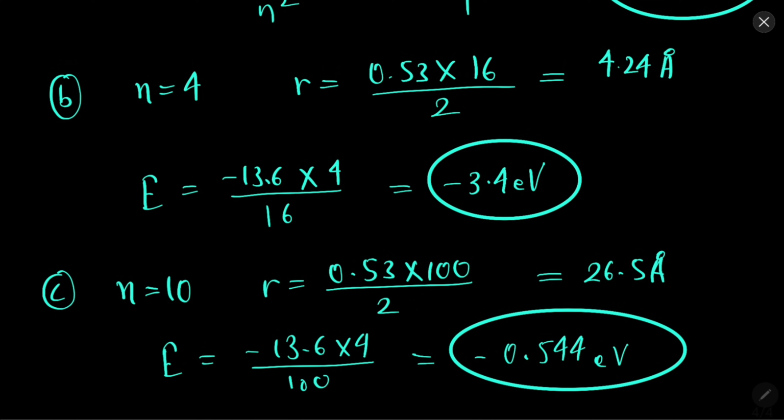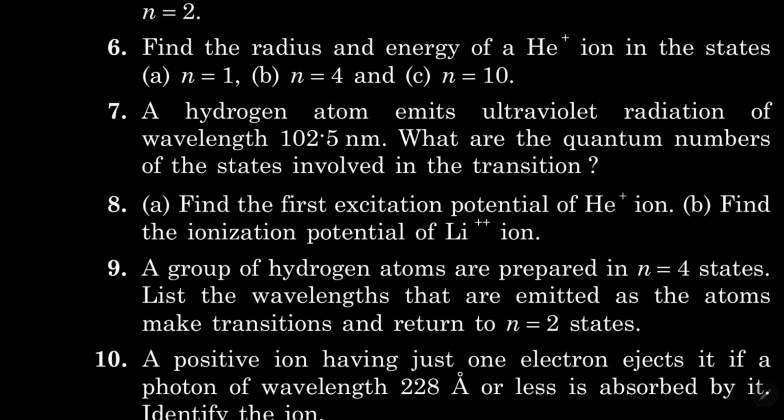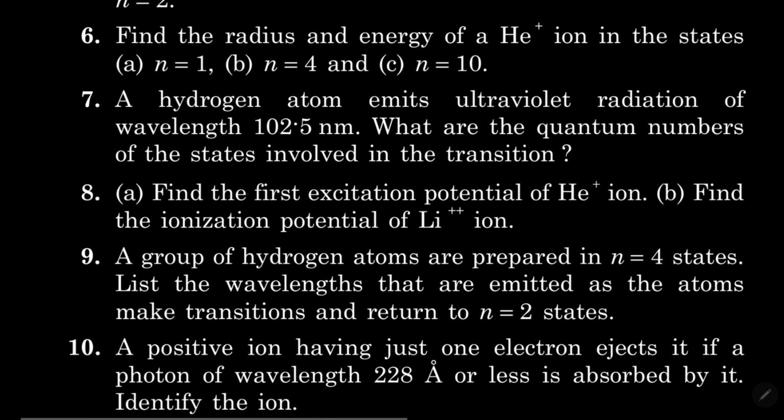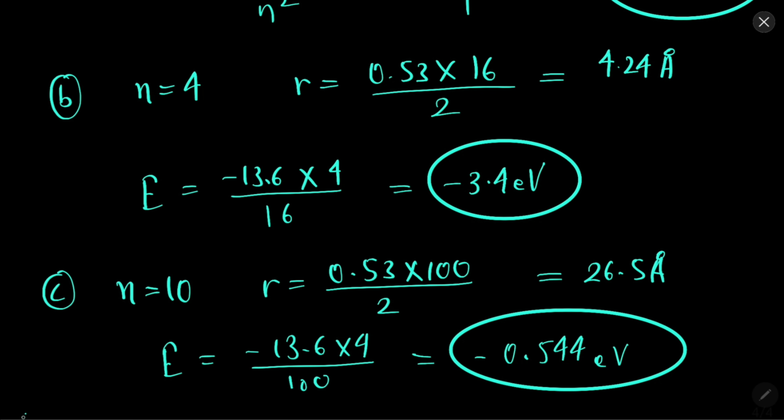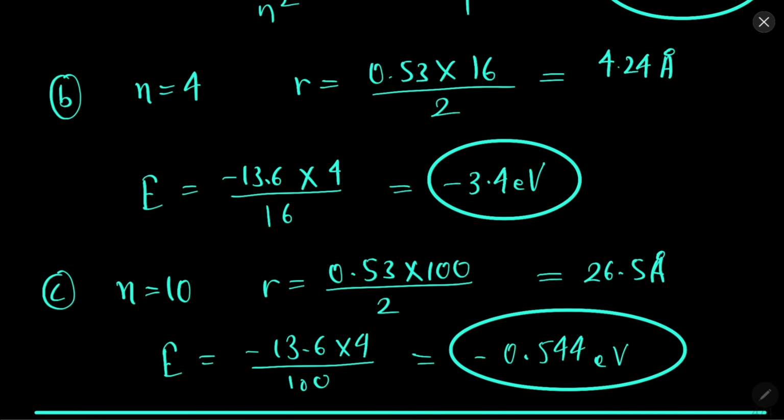So these are the values that we get. In question 7, a hydrogen atom emits ultraviolet radiation. What are the quantum numbers of the states involved in the transition? So this is the 7th question.